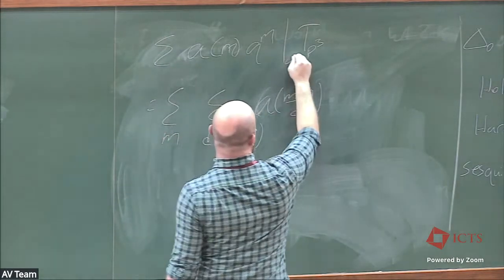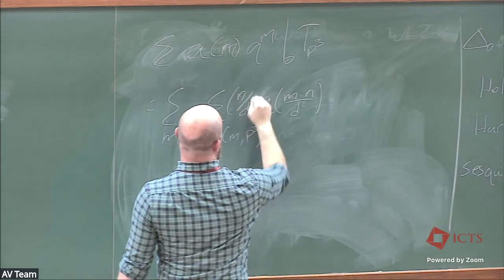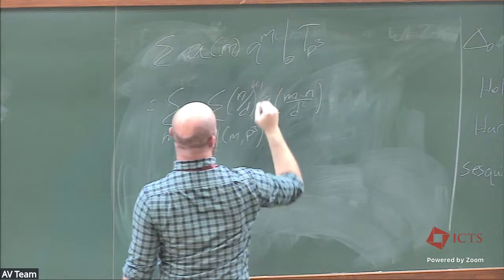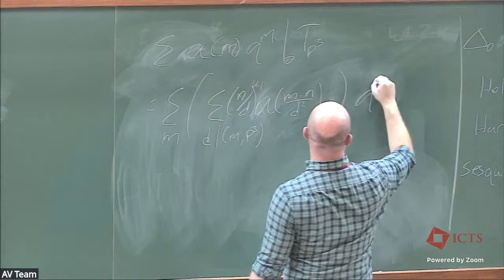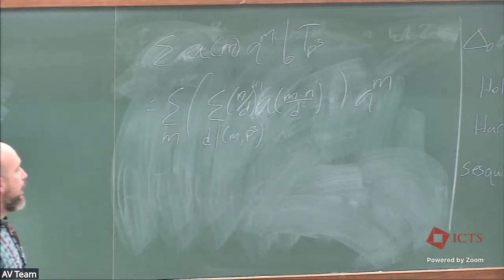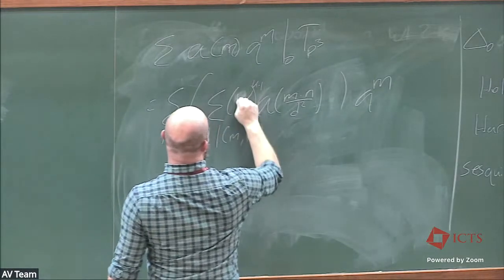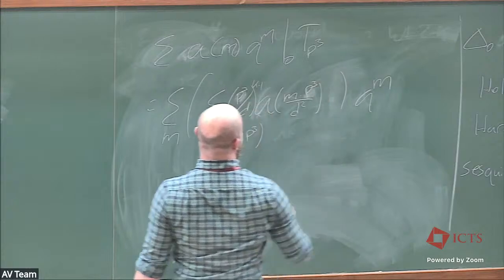You're happy with that? Okay, so then we're going to have this d to the k minus 1 here times our q to the m. Yes, n here is p cubed.